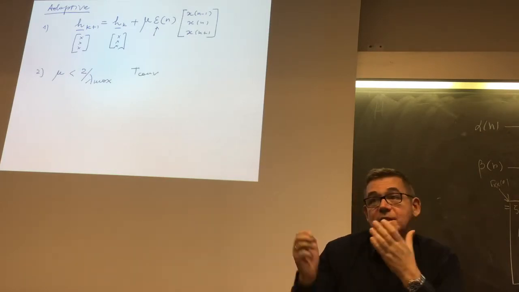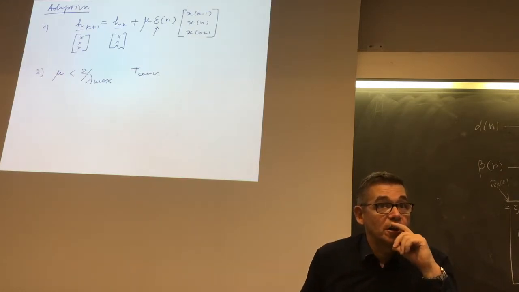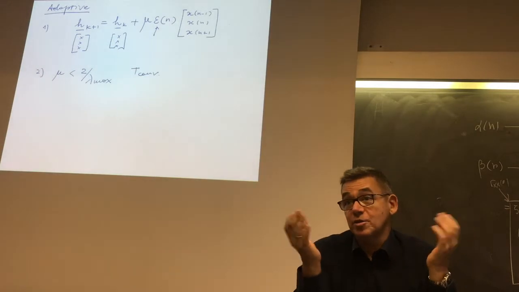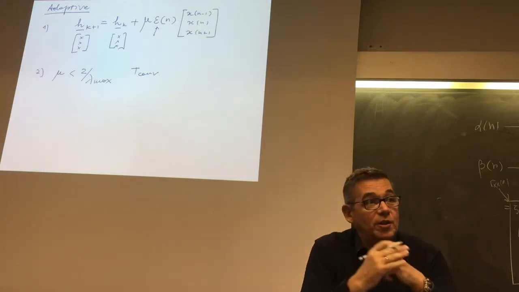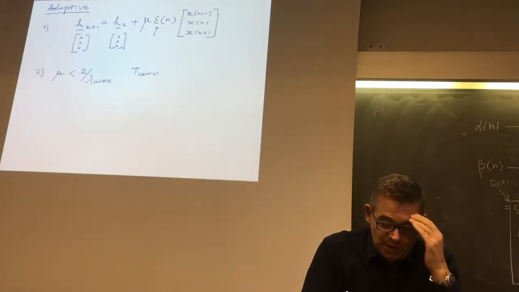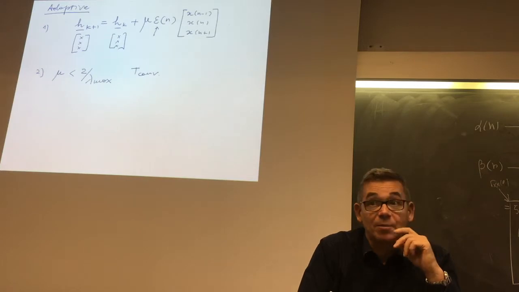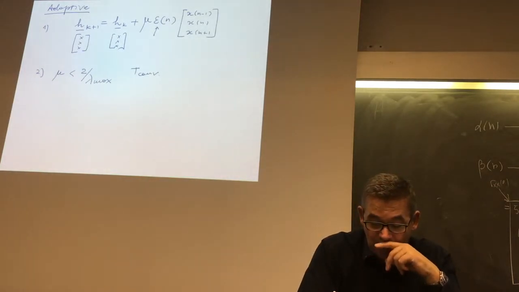Now you always ask me, which convergence should I consider? The convergence with fluctuation or the convergence without fluctuation? It's up to you. If you prefer to have a fluctuation, then you say that mu is equal to 2 divided by lambda max, and then you get the convergence. But in any case, the time for convergence is equal to lambda max divided by lambda min.